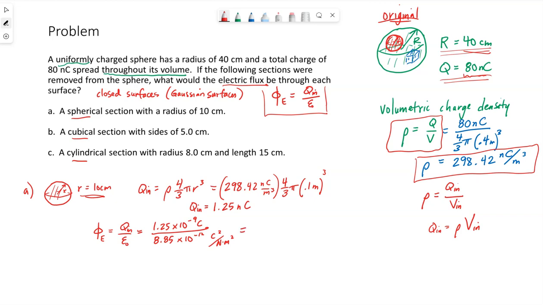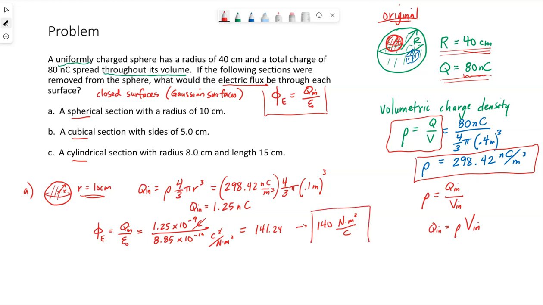So plugging this all in, I'm getting 141.24. We have, at best, two significant figures, so 140. For the units, one of the coulombs cancels, and the newton meters squared comes to the numerator.